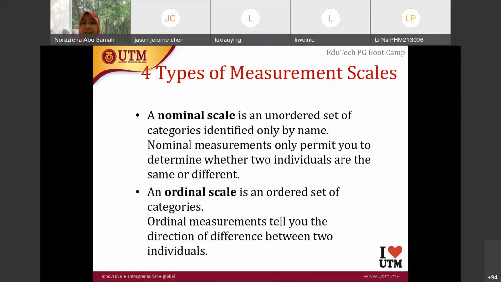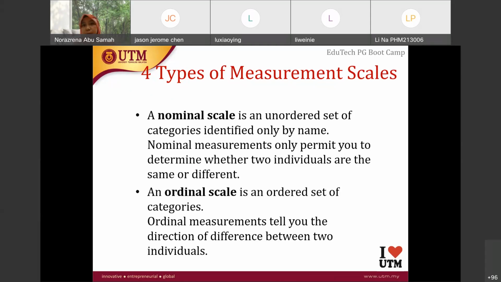Just like its name, nominal, you just name it. Nominal measurements only permit you to determine whether two individuals are the same or different. For example, the country: Malaysia, China, Indonesia. We just name it. Gender, male, female, is also a nominal scale.